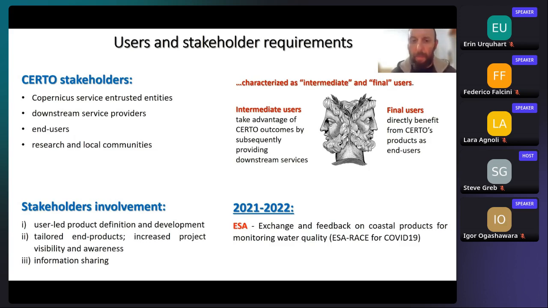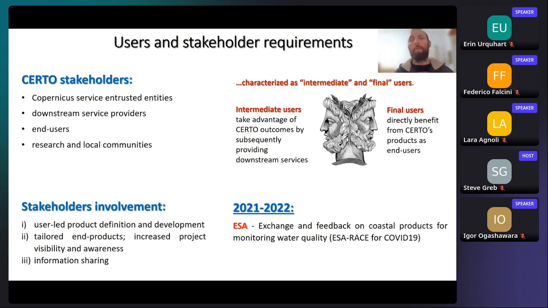And the last interaction we had with the European Space Agency was actually a good exercise. ESA was asking us to try to make an assessment of the COVID-19 lockdown on coastal environments. And with this exercise, we had to use all the available information in terms of remote sensing and ocean color to try to understand if the water quality actually improved during the lockdown.